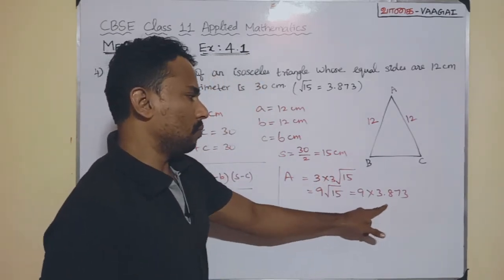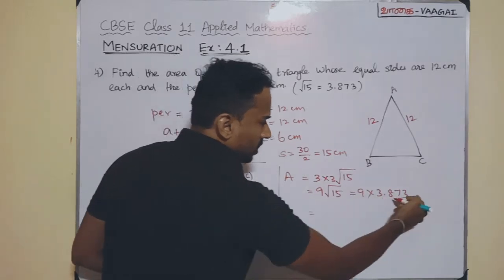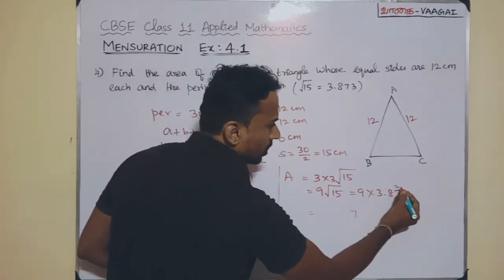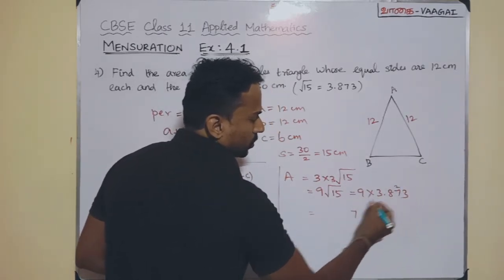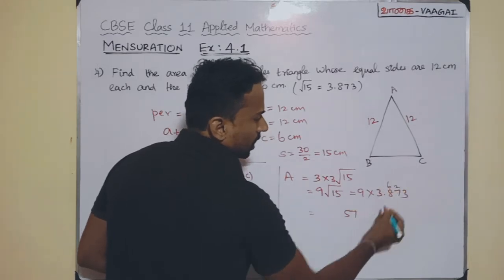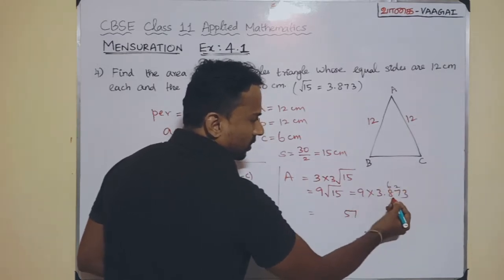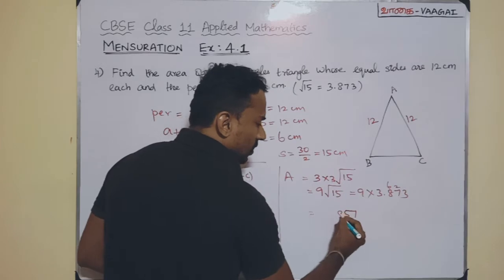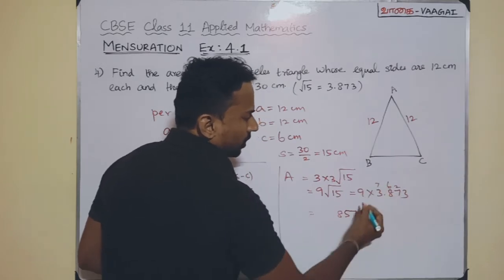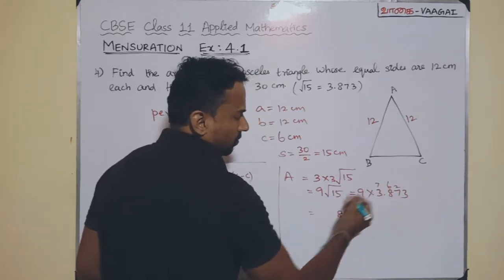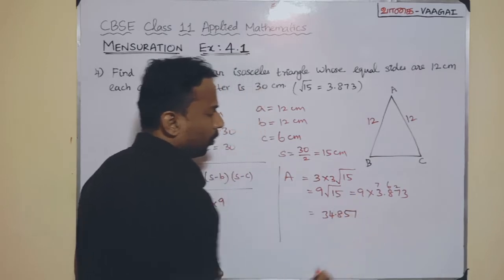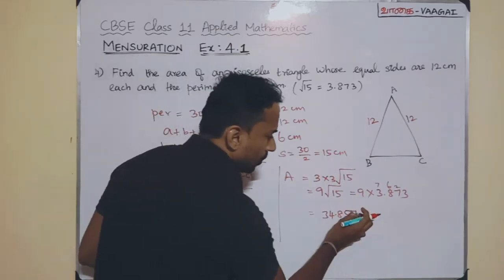Now we will do this calculation, that will give you the answer. So 9 into 3.873 will be giving you 9 3s are 27. So 2 is carry. 9 7s are 63 plus 2, 65. 6 is carry. 9 8s are 72 plus 6, 78. So 7 is the carry. And finally 9 3s are 27 plus 7, 34. So 34.857. Okay, let me write it clearly.